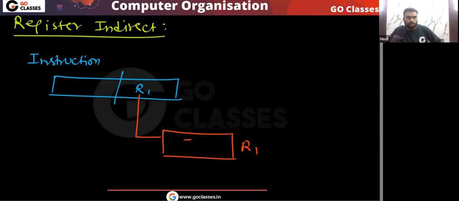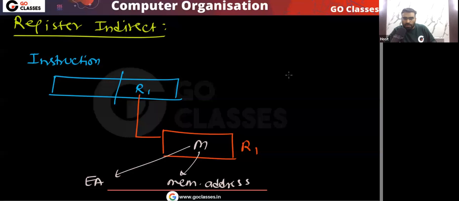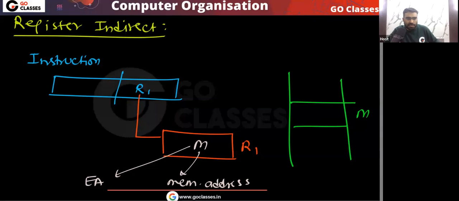So this is the effective address and this is a memory address. Now if you go to the main memory, then you will find your operand. Is this clear? Please tell me.